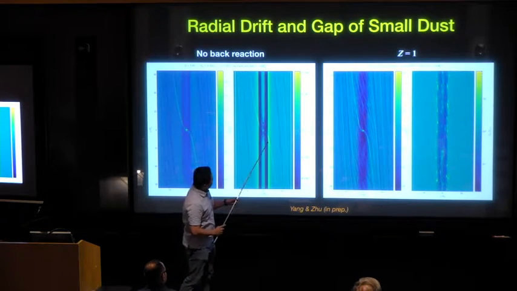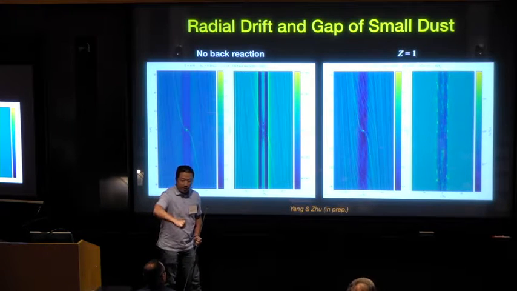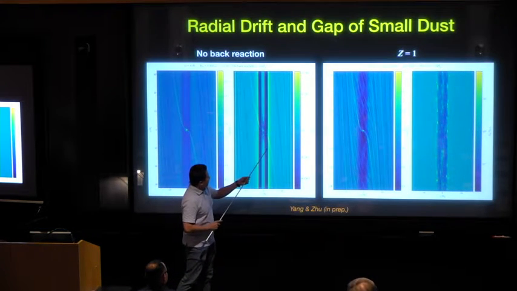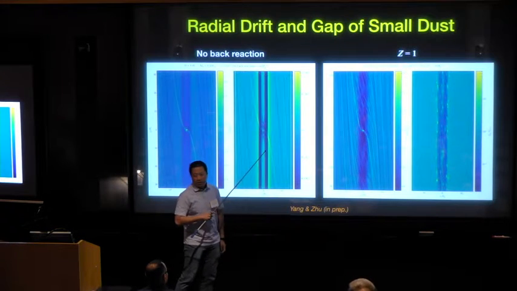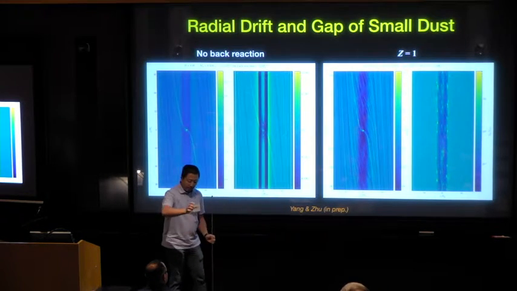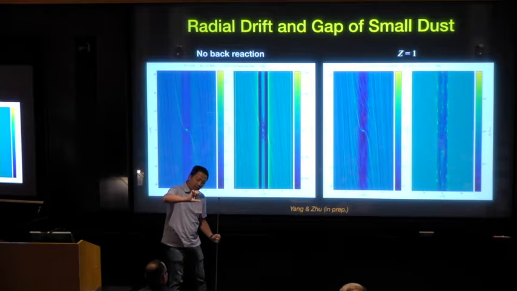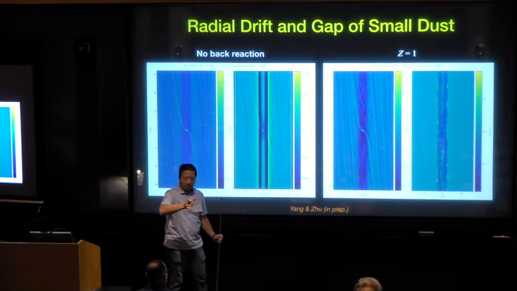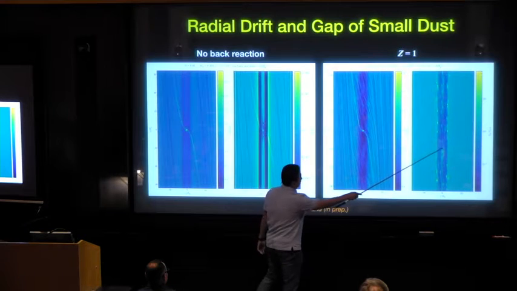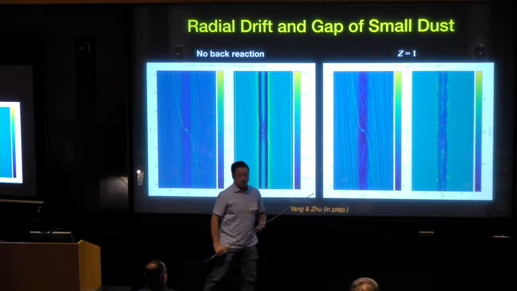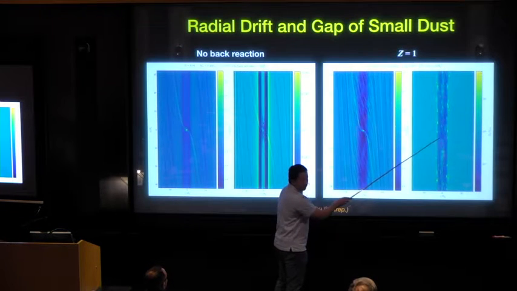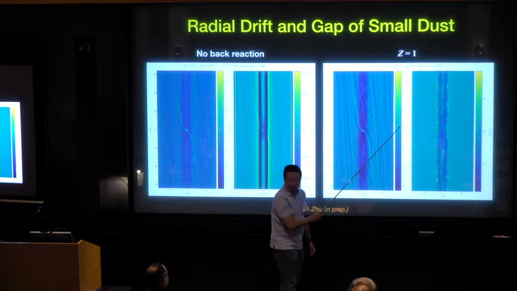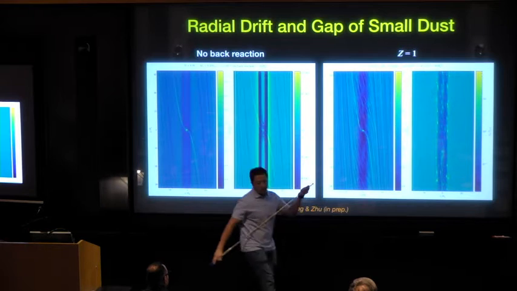The reason is that the particles start to accelerate the gas where they are accumulating, but inside they are still sub-Keplerian. So as long as this gap becomes sharp enough, it becomes unstable, and you generate all these vortices. And because of these vortices, this gap also becomes a little bit filled up by the particles.